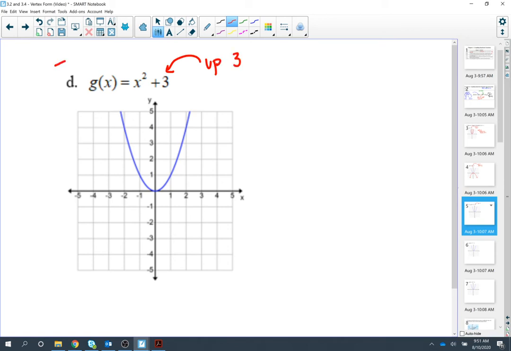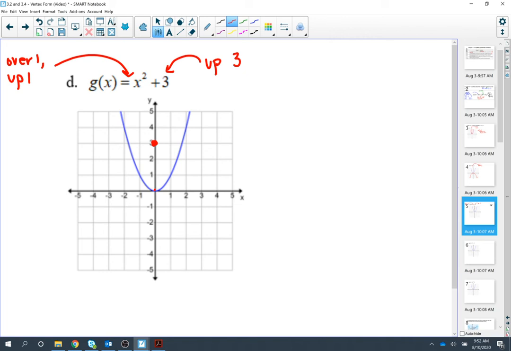Now, from my vertex, once I figure out my vertex, there's no a value, meaning the a value is 1. So I'm still just going to stick with over 1, up 1. Now, what this means to do, take your original vertex. It's at 0, 0. You're going to move it up 3. 1, 2, 3. Bam. That's where your new vertex is. That was the transformation.